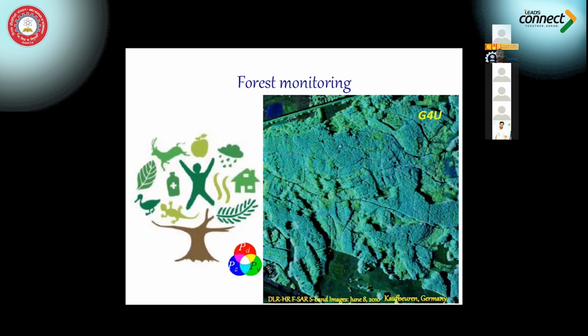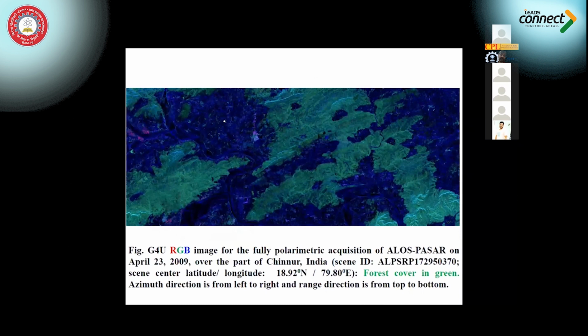It depends on the density and the leaf size, which play an important role. So you can also utilize scattering information for forest and non-forest monitoring. This is the example of the Andhra area. You can see there are hilly regions where some vegetation is on this hilly terrain.